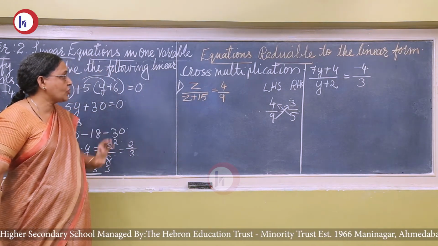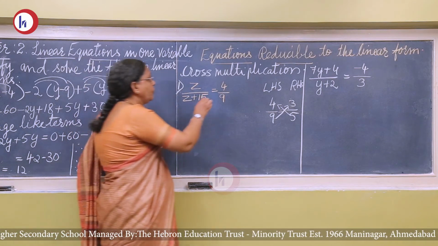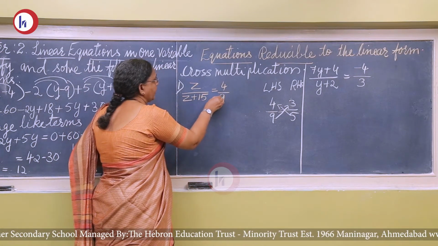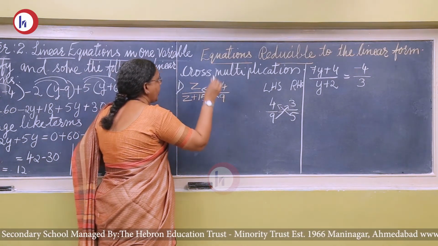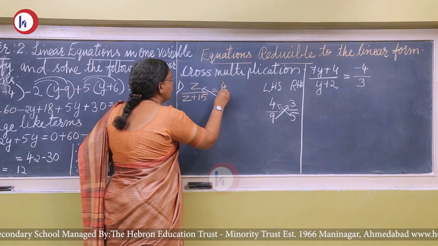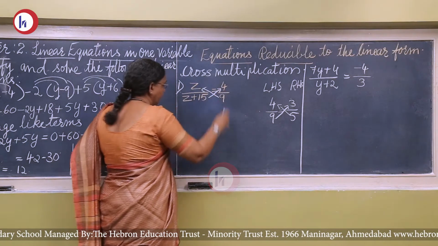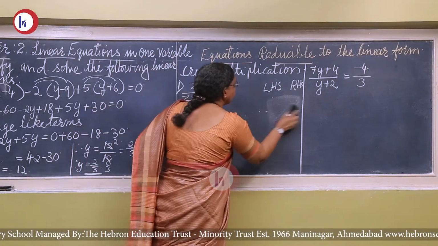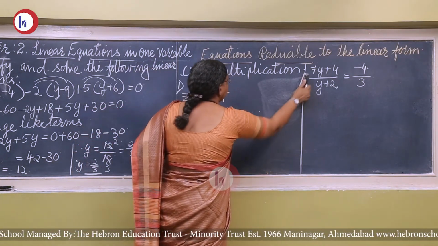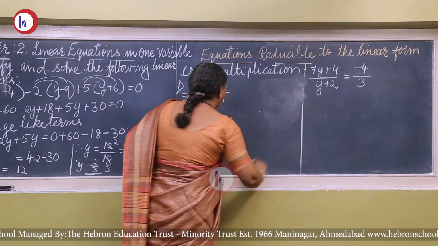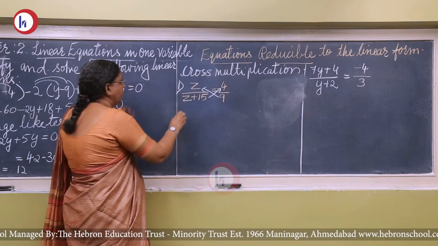So this sum also, in the same way, we can do cross multiplication. That is 9 multiplied with Z, and this 4 can be multiplied with this. So you can get it.